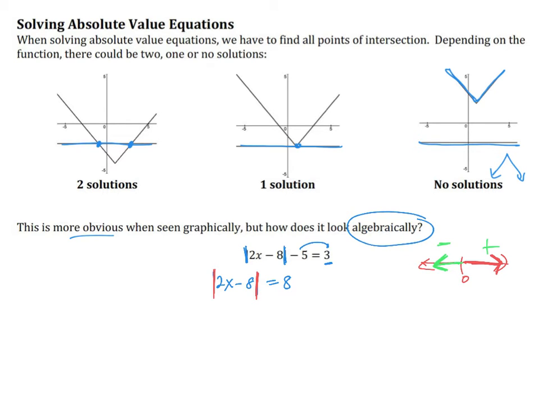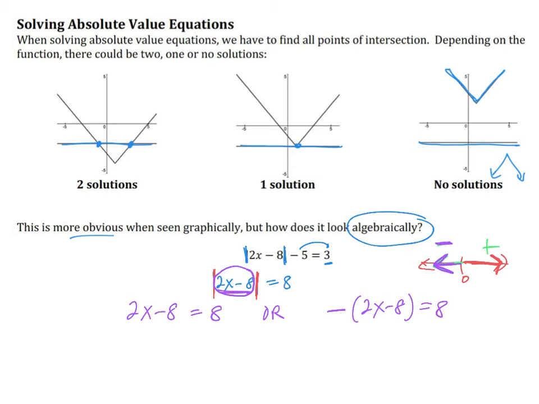So what we need to do is take this value that's within the absolute value, that's 2x minus 8, and set it equal to 8. Or we need to take the opposite, so we need to go in the opposite direction. So we're going to take the negative of that value and set it equal to 8.